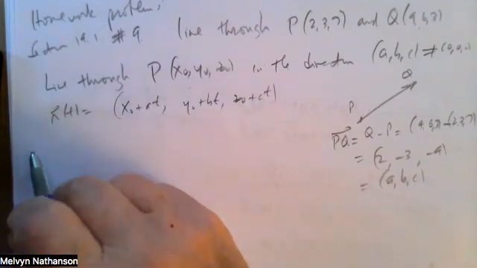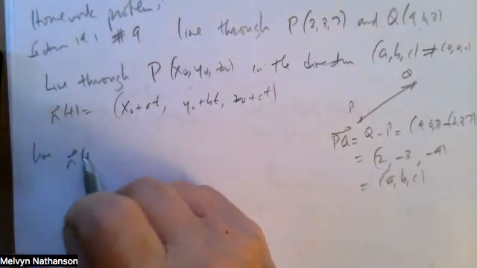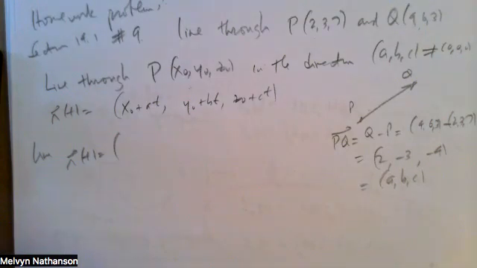So the equation of this line is R of t is equal to x naught, y naught, z naught. I can take 2, 3, 7 for those.